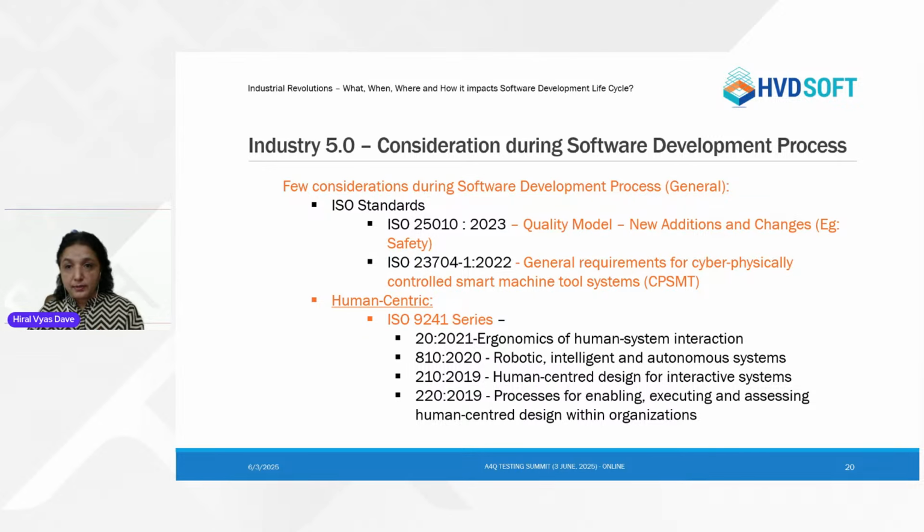If the software I have to write an architecture for is a cyber-physically controlled smart machine, then yes, I will look at ISO 23747 before I start working on it or making any architectural decisions. And that would apply to you also.